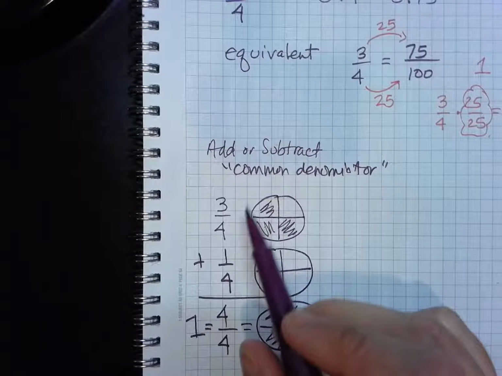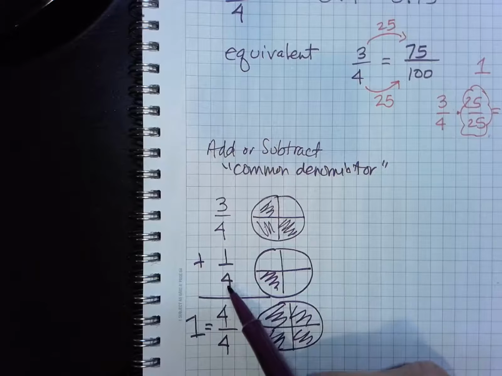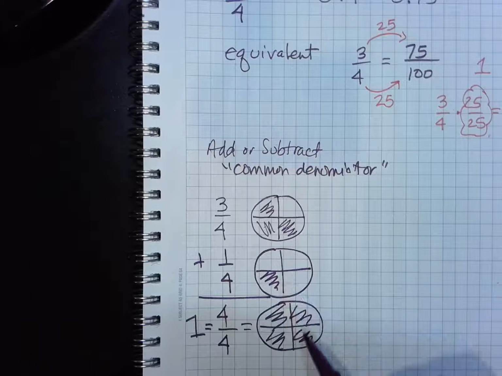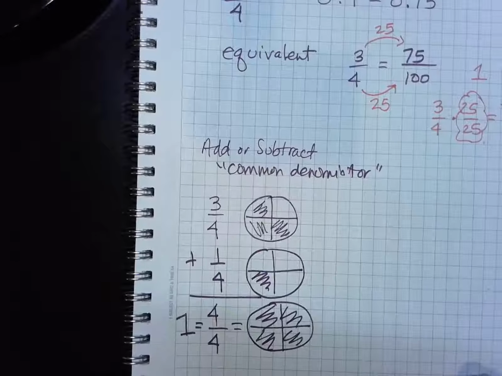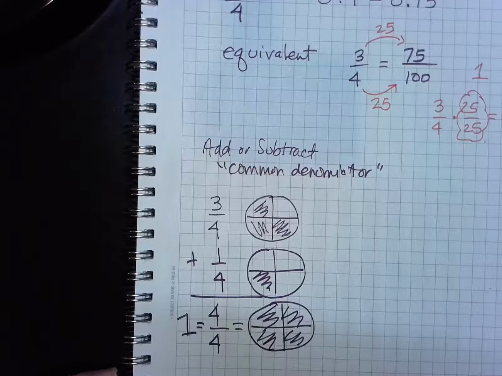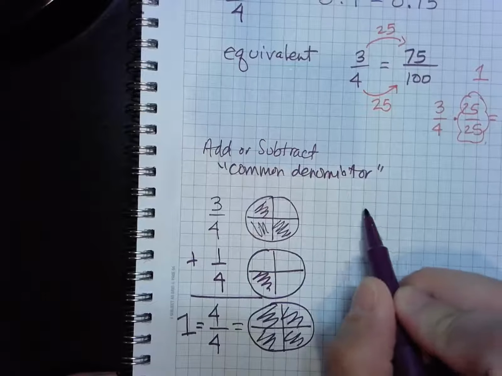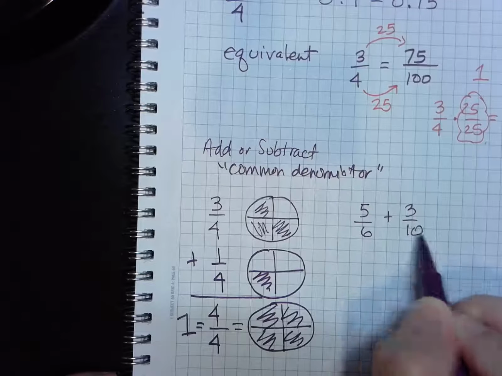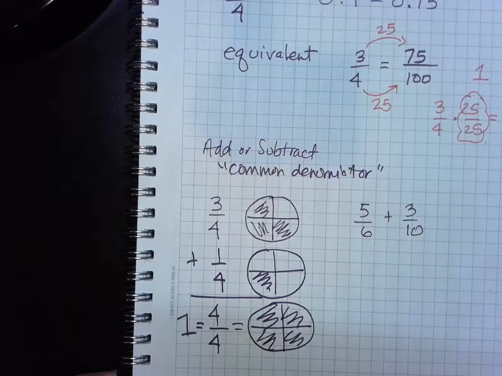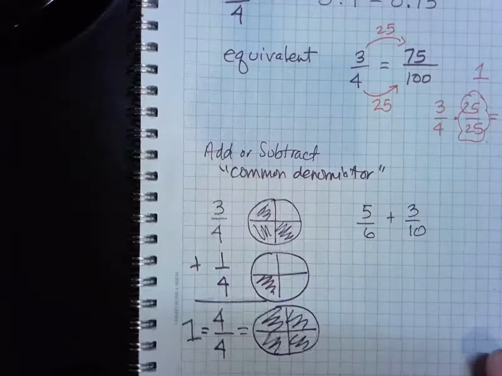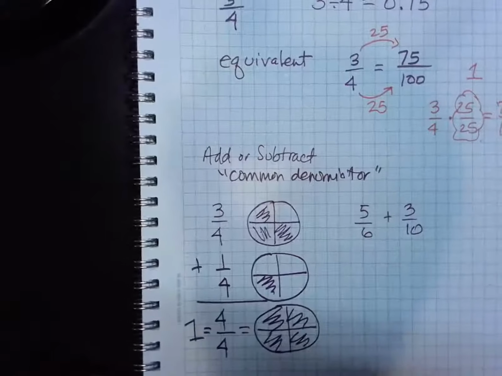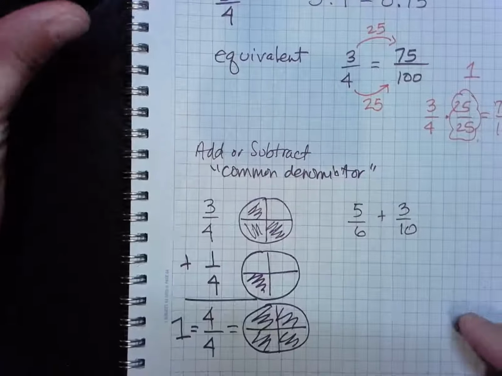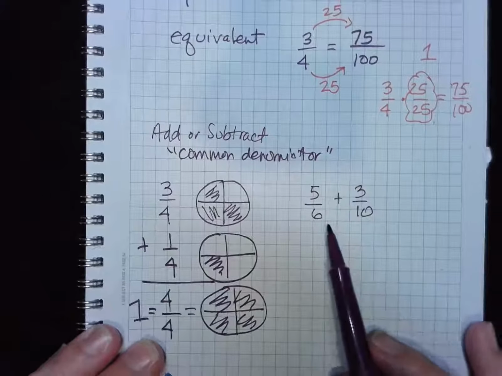So if we want to add fractions or subtract fractions, our wholes have to be divided into the same amount of pieces. So if I was asked to take 5/6 plus 3/10, well, I can't just start adding those together right now because they're not the same size of the whole. They have to be the same size of the whole for me to be able to add them.